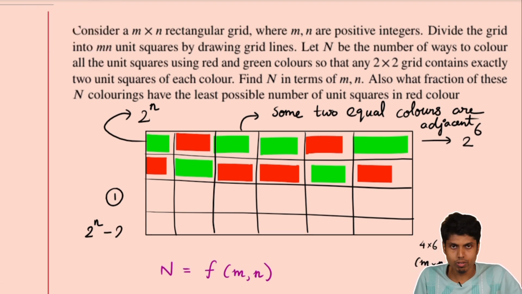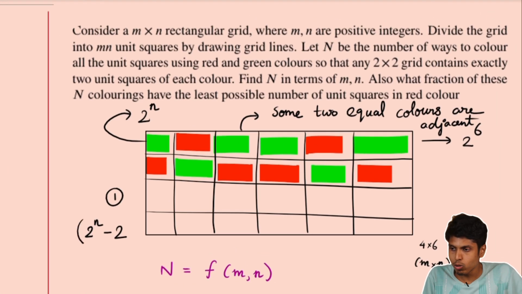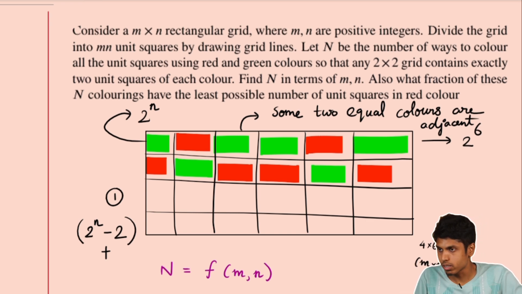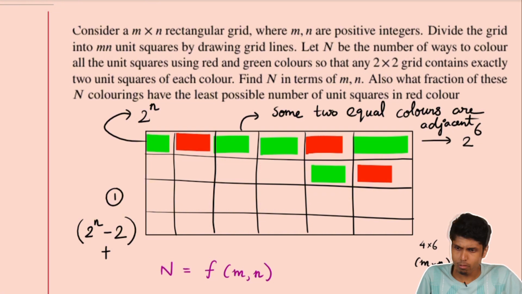So you subtract 2 from this, and all the rest of the colorings of the first row will definitely have some 2 equal colors adjacent, and therefore there are 2 power n minus 2 ways to color. And for the remaining 2 ways of alternating colors in the first row, we can have 2 possibilities in the subsequent row. Let's take an example to verify that.